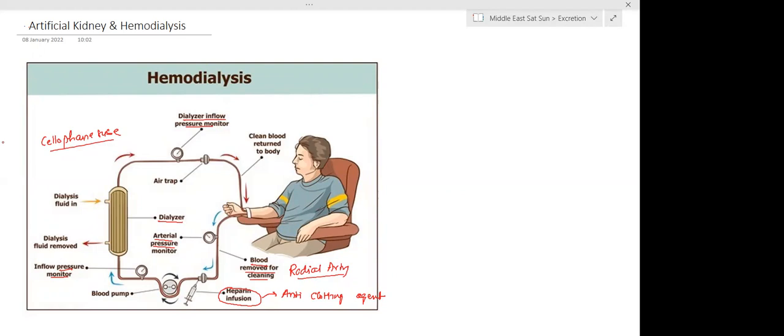The blood is cleared of nitrogenous waste without losing plasma protein.